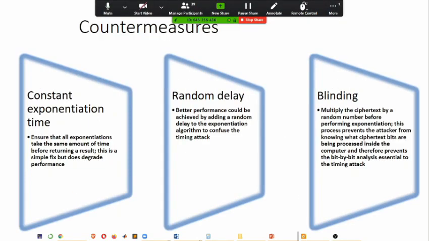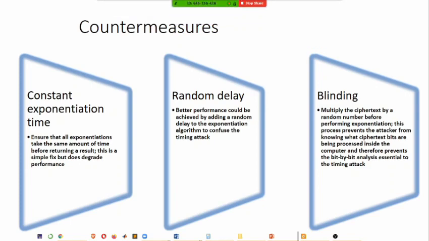Now there are quite a few countermeasures for that too. One of the countermeasures is to make sure that every mathematical operation uses constant time. The time taken to compute 88 to the power 23 is not the same as the time taken to compute 88 to the power 7. That was one of the parameters used in the timing attack. So make sure that every exponential operation takes constant time, and then you can escape from this.